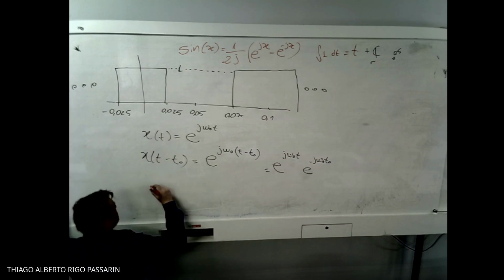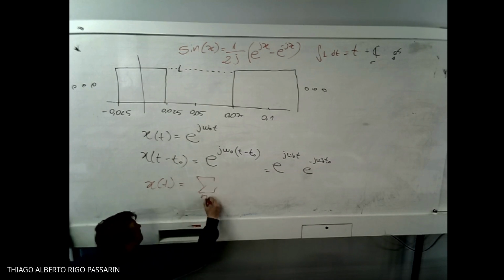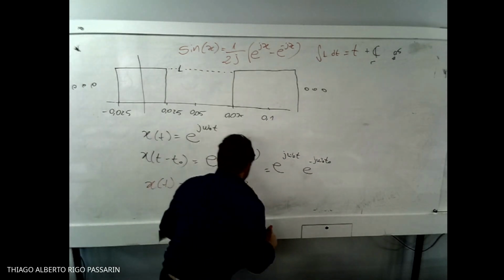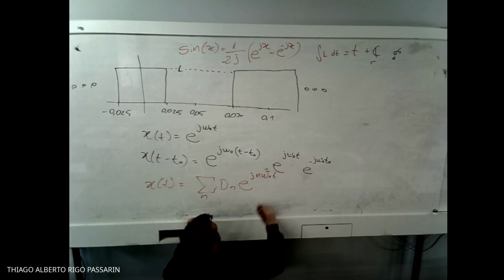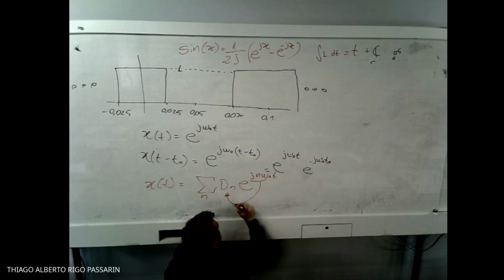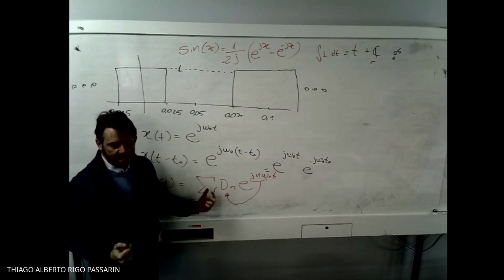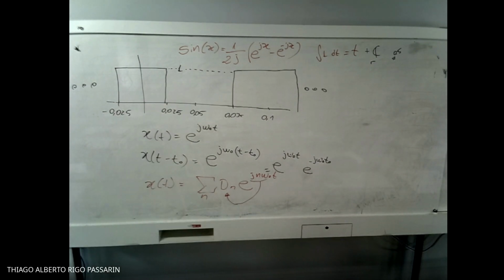If I have x of t as a Fourier summation, with e to the j n omega 0 t, I just have to multiply here by this, e to the minus j n omega 0 t0. Then I will have the coefficients of the shifted signal.